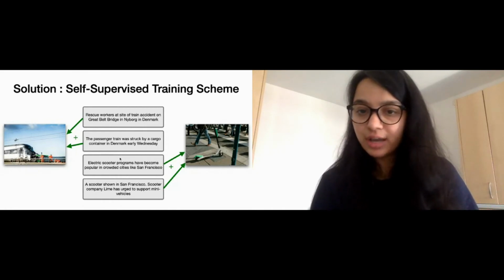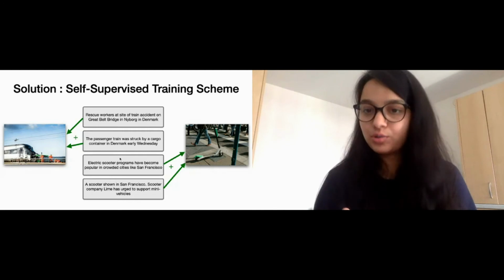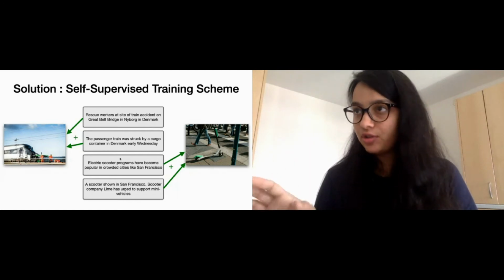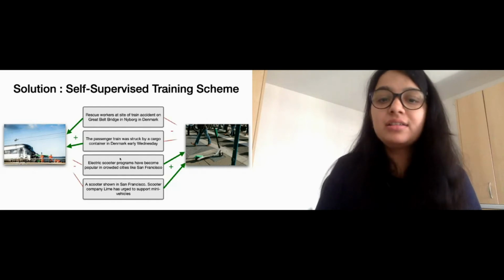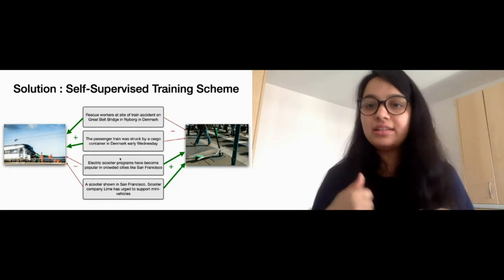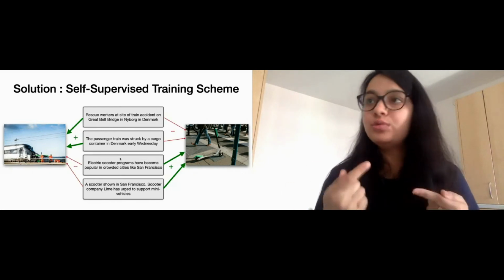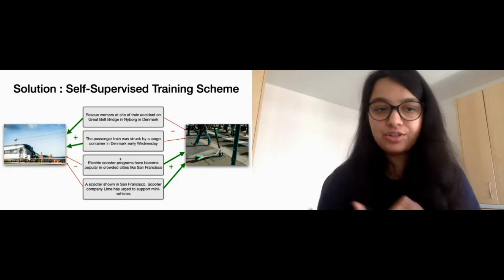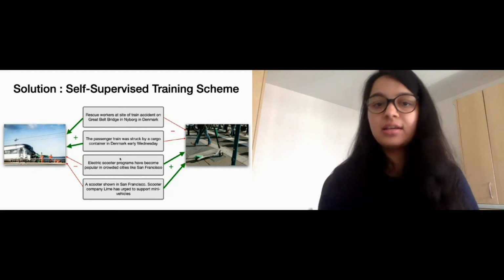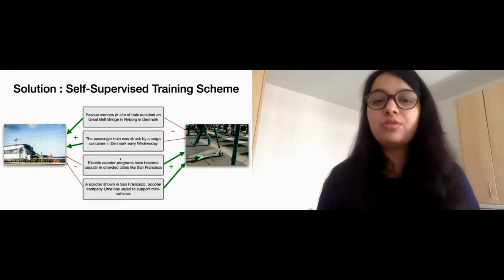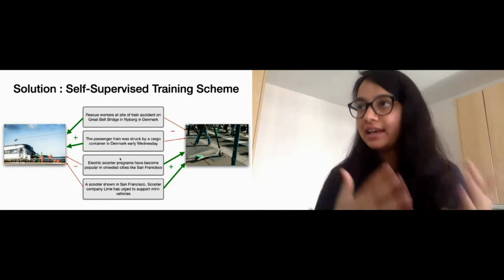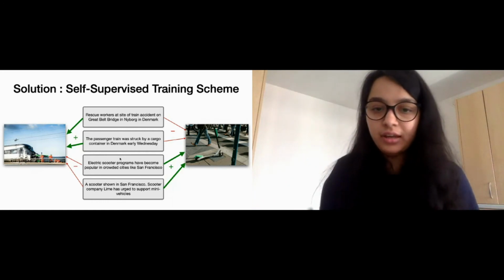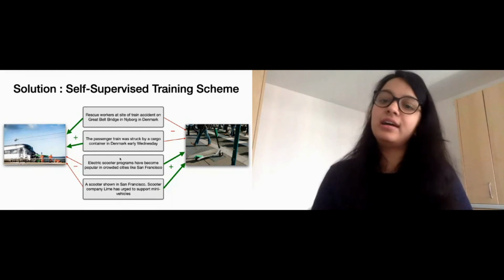The bottom two captions, which are about the scooter, are positively related to the image of the scooter. But this is not true vice versa, right? The scooter captions should have a negative relation with the image of the train accident, and the captions about the train accident and workers should have a negative relation with the image of the scooter. This is the key idea.